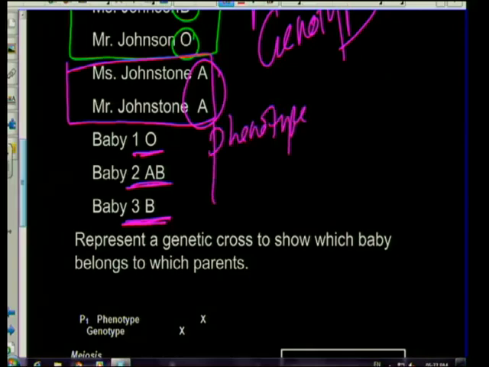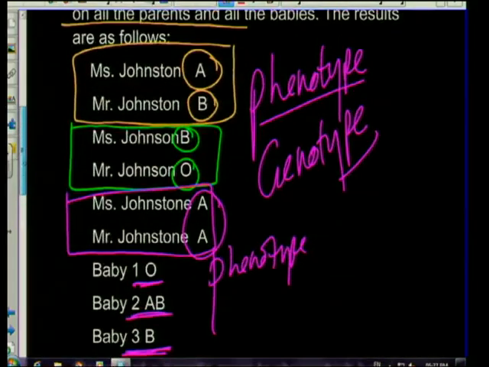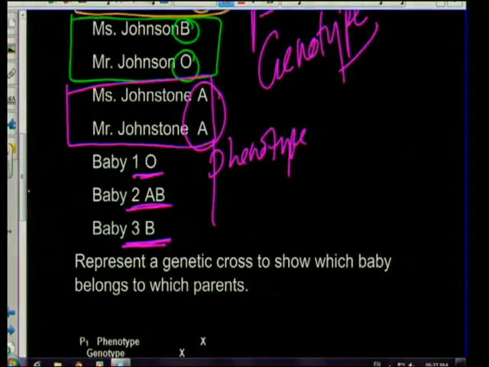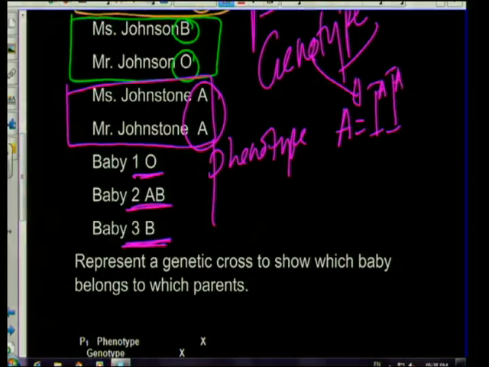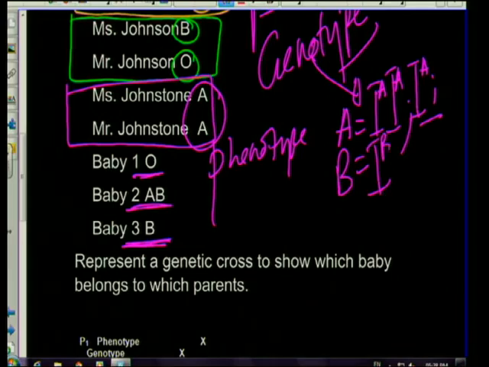Now remember that for blood groups, the genotype A can be IA IA, homozygous, or IA i, heterozygous. B can be IB IB, and IB i.